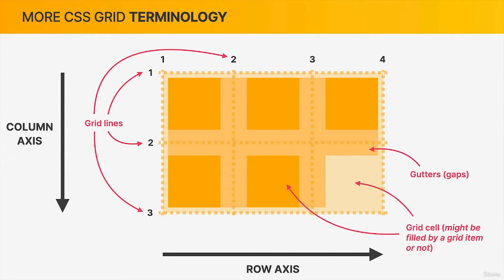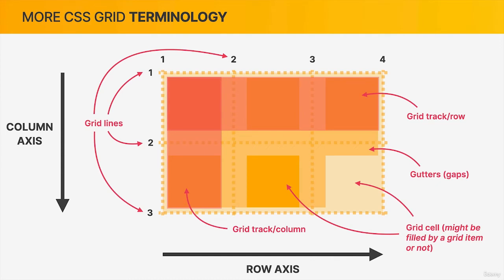Finally, another term that is commonly used when we talk about CSS Grid is the term of grid track. So a grid track can be a row or also a column. So each of these are grid tracks, and so in this example here, we have 2 row tracks and 3 column tracks, okay?